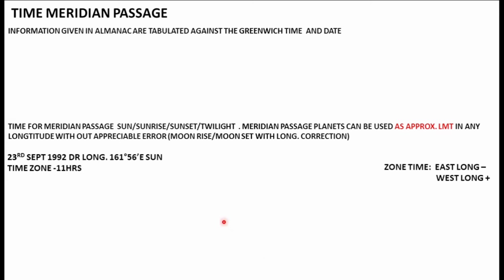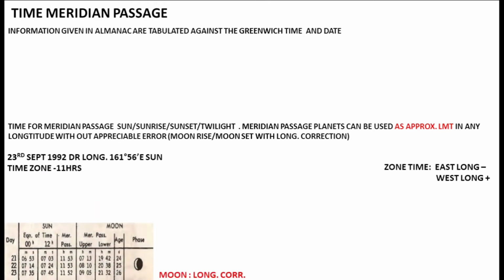Now, just an example here, just to see how close it is and what the error is. Suppose we are in this longitude, we should be in time zone of 11, and this is the meridian passage time given here. On 23rd, the meridian passage time is 11:52.